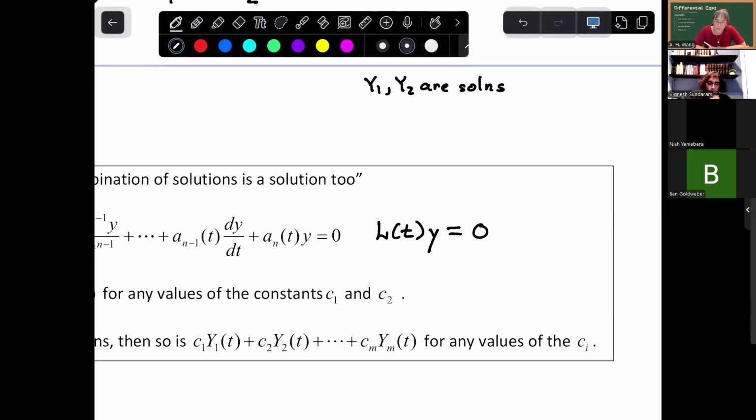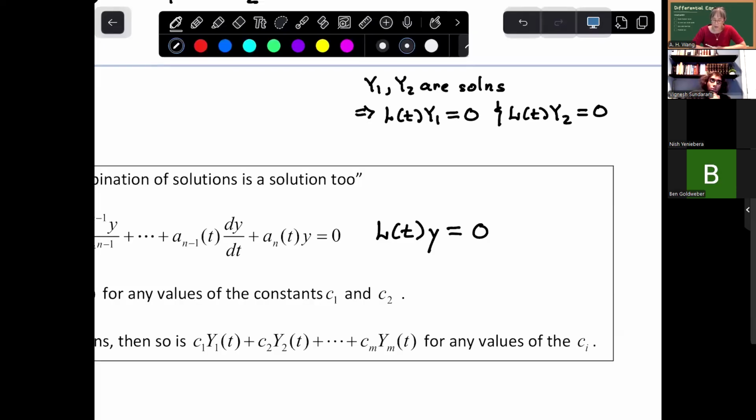By definition of what a solution is, if you plug it in here, you get a true statement. So if you operate on y1, you will transform it to 0. And if y2 is a solution and you plug it in, you get left-hand side equals right-hand side. So that means L of t y2 equals 0, correct?